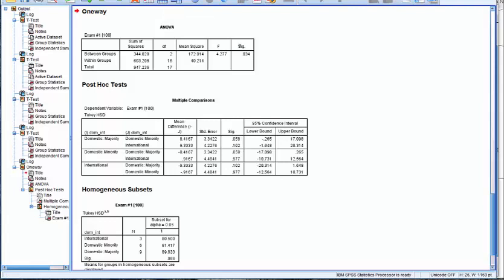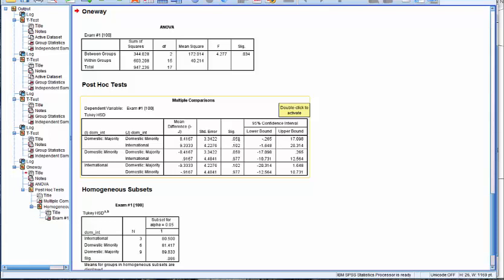Now, go down to the next table where it says post hoc tests. What the post hoc test does here is it compares the domestic majority, see this first line here, with domestic minority, and that is significant at 0.058.